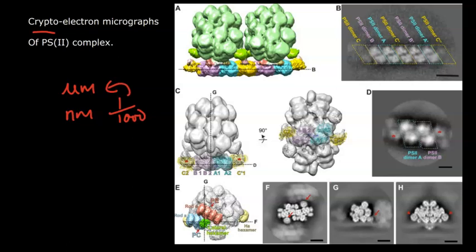And because of this, what we are actually seeing are molecular images. So the arrangement of the accessory molecules and the chlorophylls are actually now being imaged, not just the organelle.